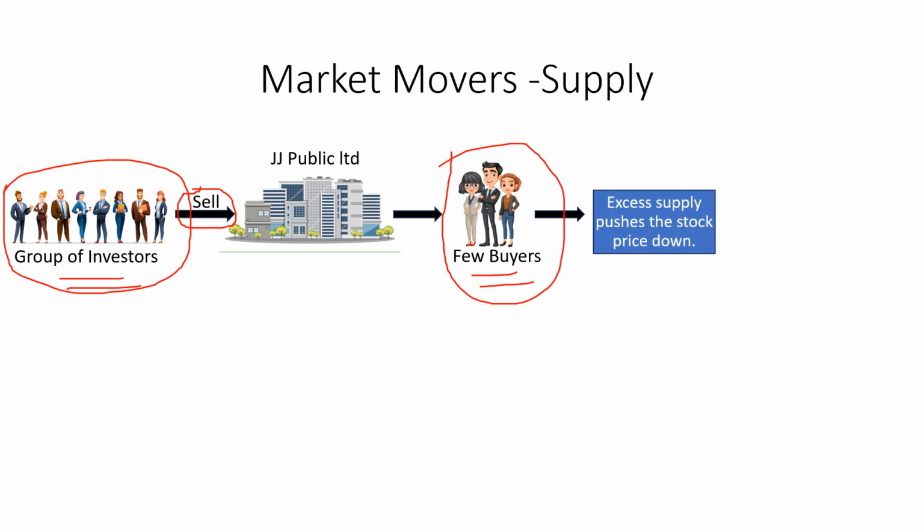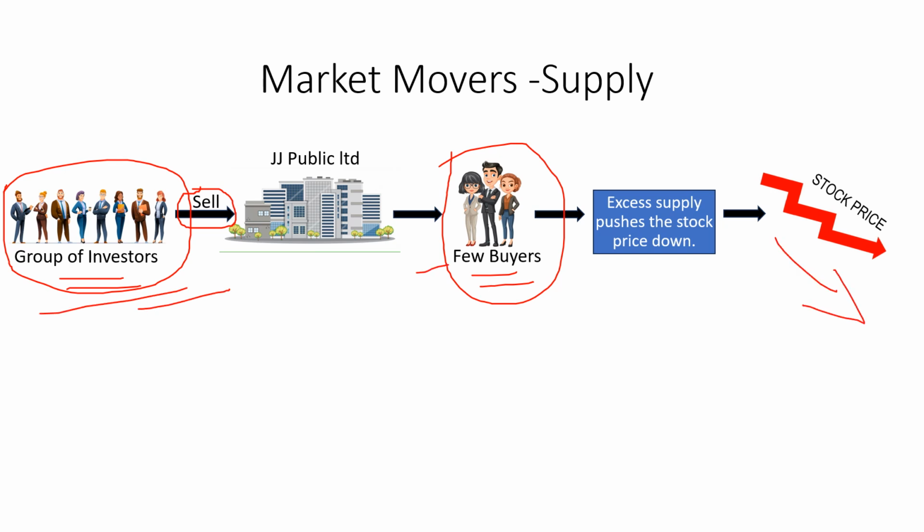There is excess supply, which pushes the stock price down. Please remember, whenever there are more sellers and fewer buyers, the supply is going to be excess and it will result in the stock price falling. And the same way, the other way around, let us look at the other example.